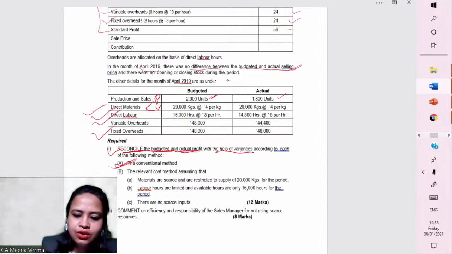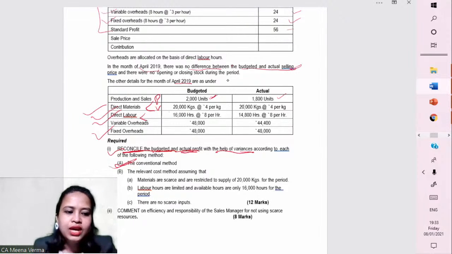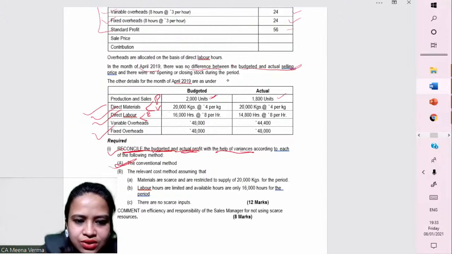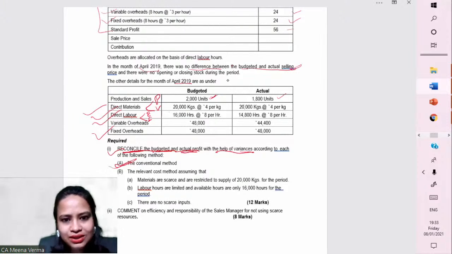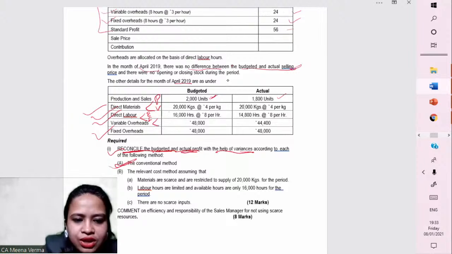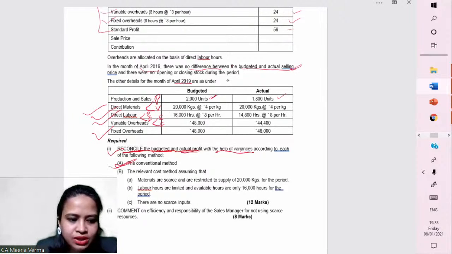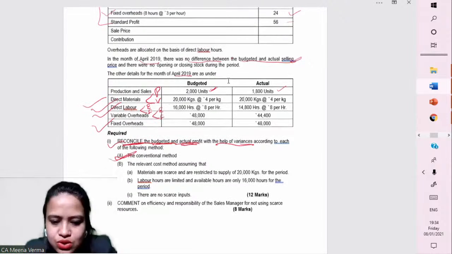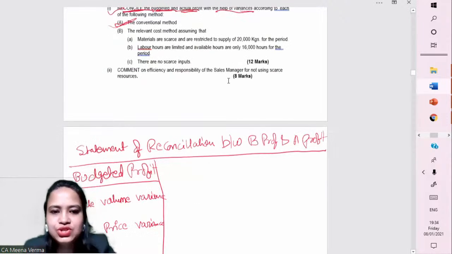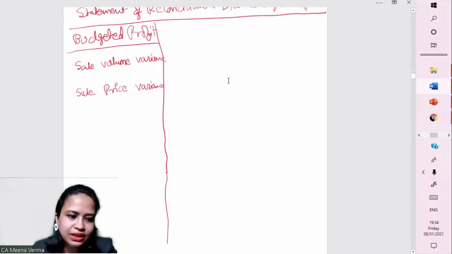Similarly, with the help of the information related to direct labor, we can find both efficiency variance and expenditure variance for the labor. Similarly, for the variable overhead, we can find the expenditure variance and efficiency variance. Similarly for fixed overhead variance. So you can see that this question is quite lengthy. You have to find many things.